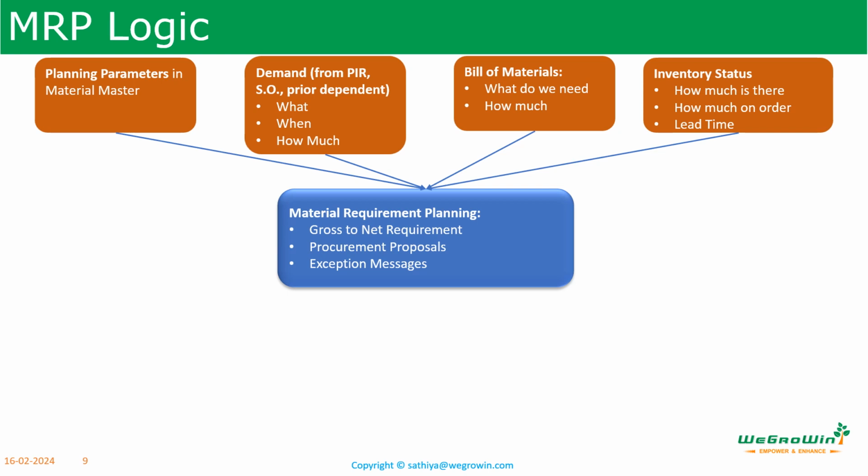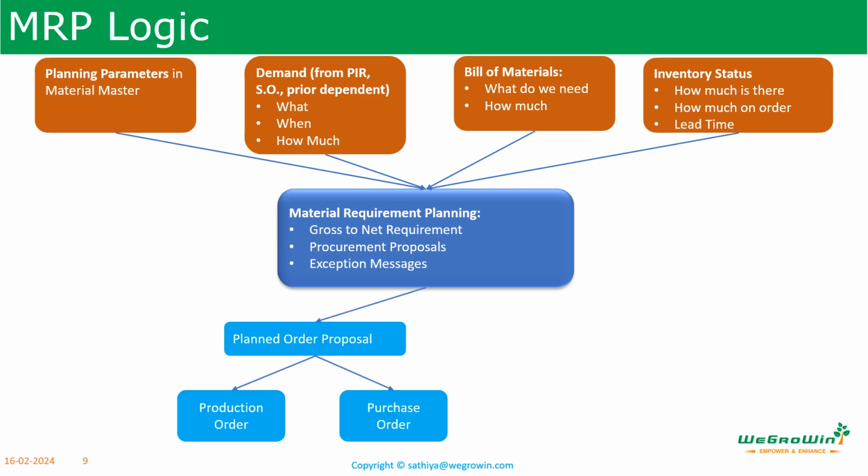Based on this net requirement, the system will give the procurement proposals and exception messages. The procurement proposals come as the planned order proposal as we discussed just now. It may be converted into production order or it can be converted into purchase requisition and then purchase order. And also the system will throw exception messages in case it is required.